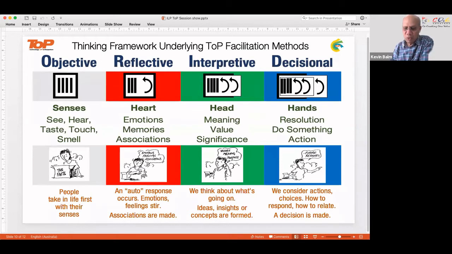For example, we take note of that situation factually, observationally, much like a recording of this session will capture what you're seeing and hearing, not just the content of the slides or the sound of my voice, but the other people, all of the different aspects of this encounter that we are sharing together in this moment. In ToP, we call this the objective level.